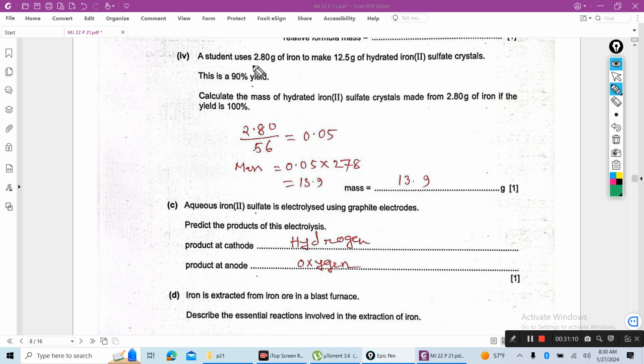Then a student uses 2.8 gram of iron to make 12.5 gram of hydrated iron 2 sulfate crystals. This is the 90% yield. Calculate the mass of hydrated iron 2 sulfate crystals made from 2.8 gram of iron if the yield is 100%.